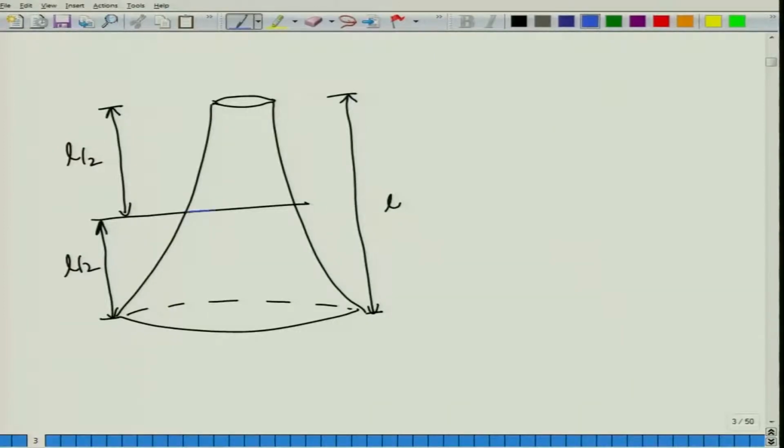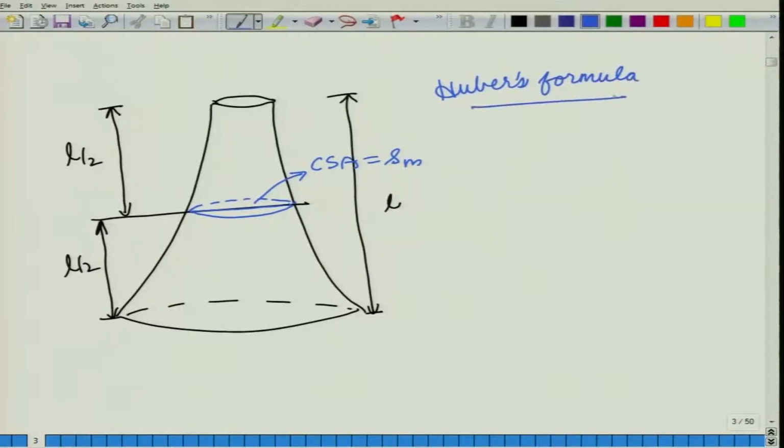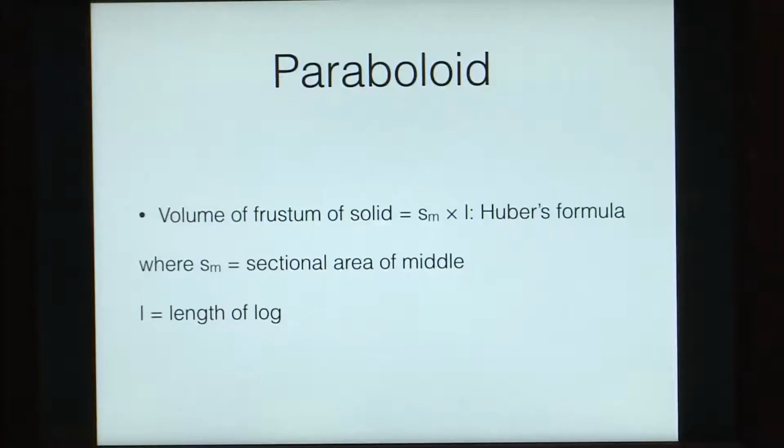At the middle point, if we take a cross section and we define this cross sectional area as Sm, then our Huber's formula gives volume is equal to Sm into L. So, Sm here is the sectional area of the middle of the solid and L is the length of the solid. Now, coming back to the slides. So, this is the Huber's formula for a paraboloid.